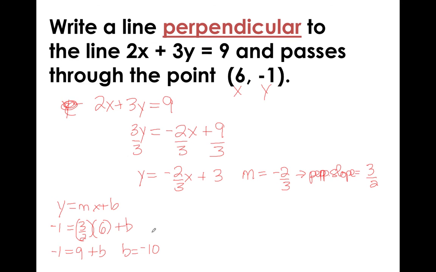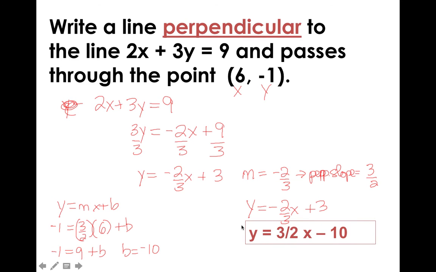My original equation we found to be y equals negative 2/3 x plus 3. Remember, in order for this to be perpendicular, my new slope has to be the opposite reciprocal and my y-intercept has to be different. And so when we plug it in, you end up getting y equals 3/2 x minus 10, because that's what we found our slope and our new y-intercept to be.